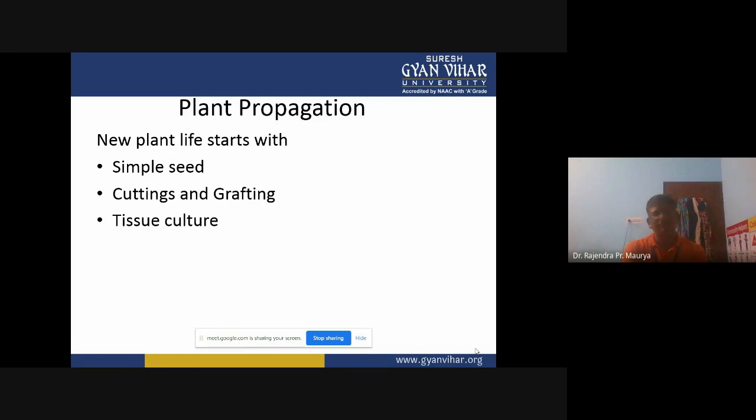If in any seed the embryo is missing, then we can't say that it is a seed; that is only grain, which we can use only for food purposes. So this one is the seed.